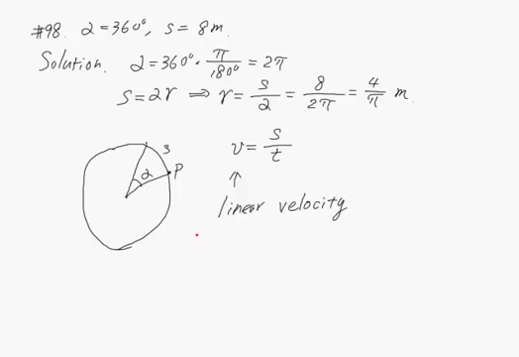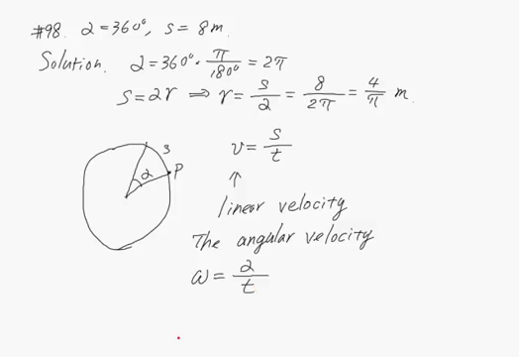The angular velocity, we use omega to denote this angular velocity, the lowercase of the Greek letter omega, and that should be equal to the angle that this terminal side moves through, alpha, divided by the time used, t.